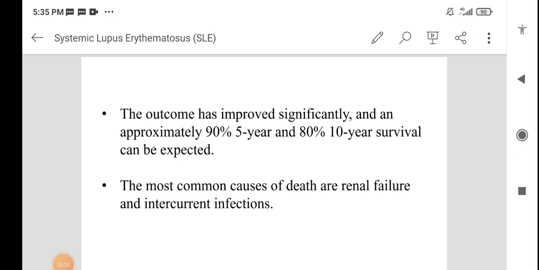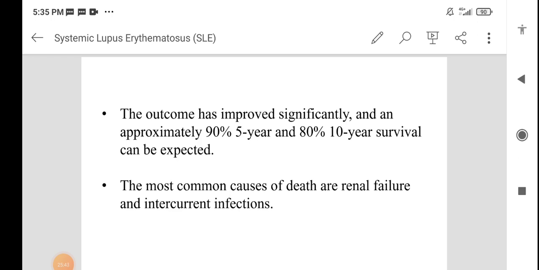So today we saw the different criteria, the signs, the symptoms, the diagnostic importance, and what these LE bodies are in systemic lupus erythematosus.